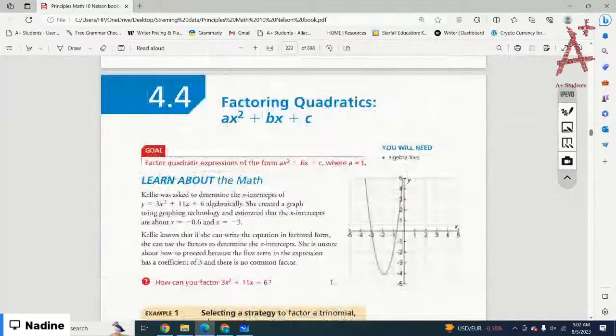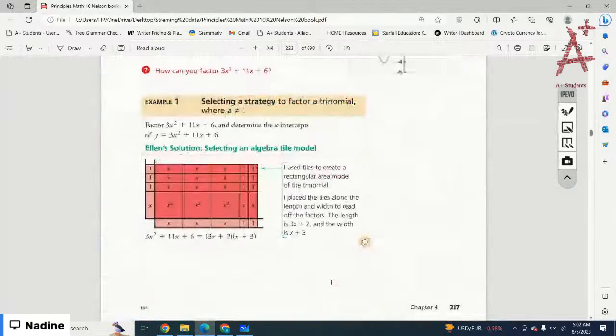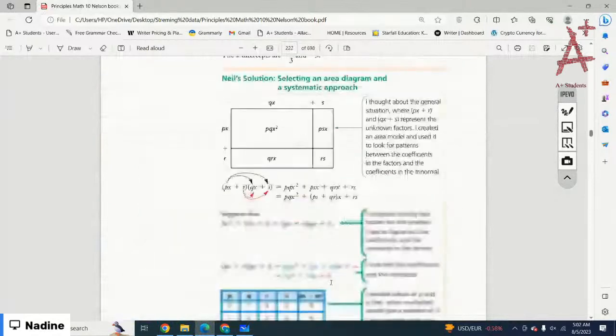Okay, here I am on factoring quadratics 4.4, ax squared plus bx plus c. So basically we're going to learn, if we are given the expression ax squared plus bx plus c, how do we factor it, right? So let's just start with the practice questions.